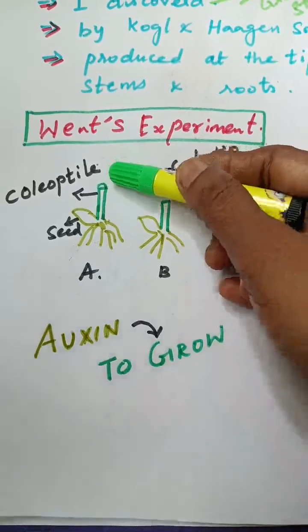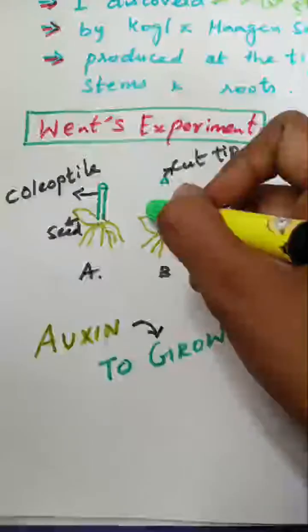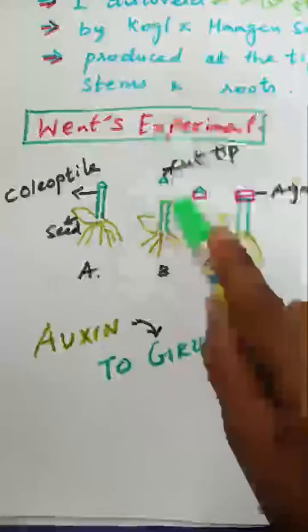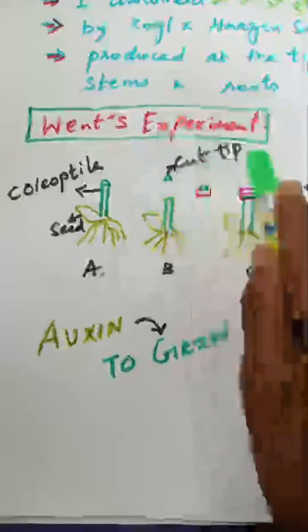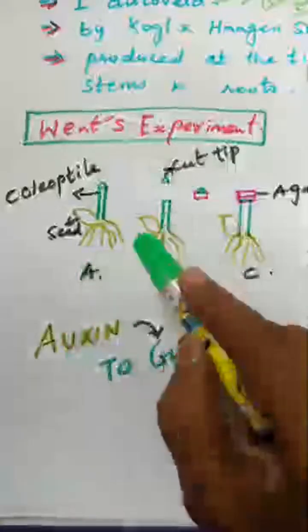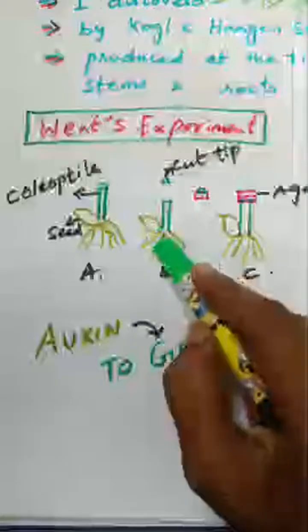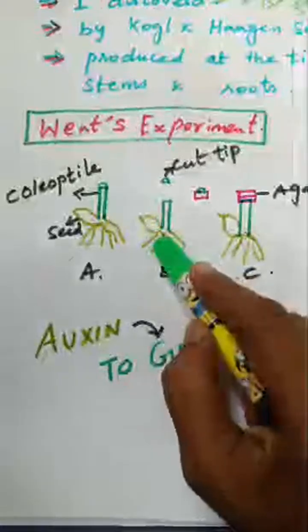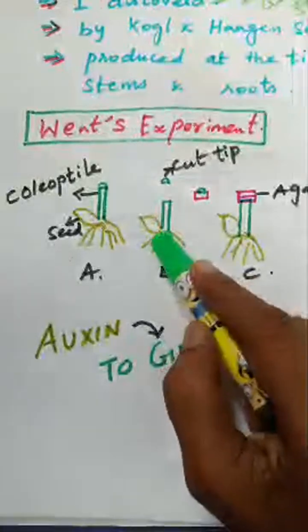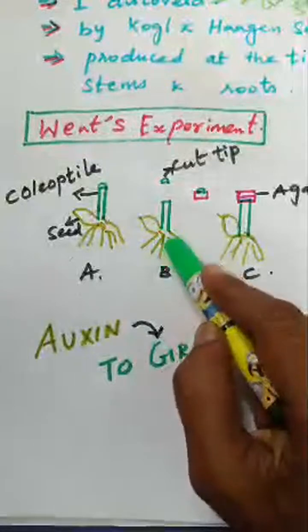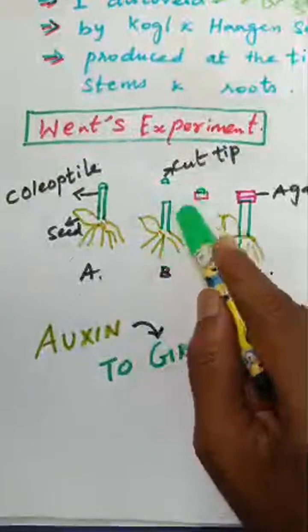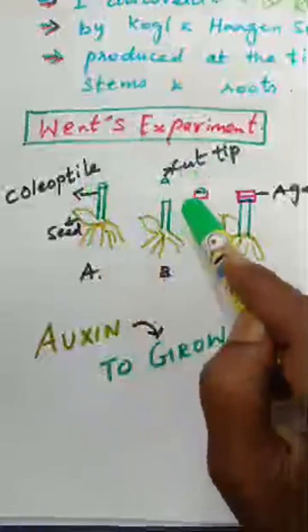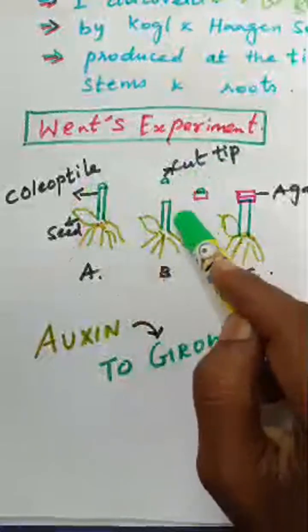Okay, now he cut the tip of the coleoptile and observed the growth of the seed. He observed for some days, and he came to the result that there is no growth in that tip, because he had cut the coleoptile tip from that embryonic shoot covering.